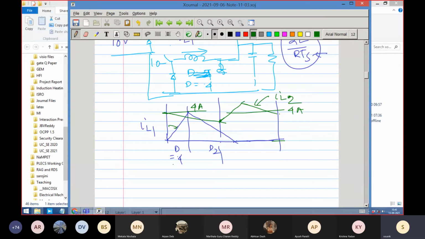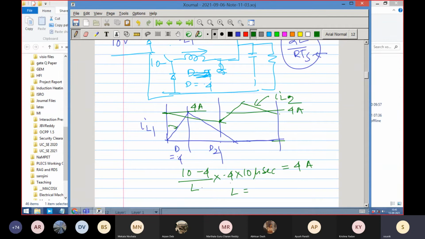The slope is Vg minus V naught, and because of the continuous conduction of the second one, the output voltage is clamped to 4 volt. So 10 minus 4 by L into 0.4 into Ts, which is 10 microsecond, is equal to 4 ampere.